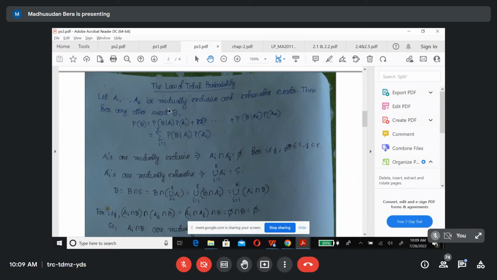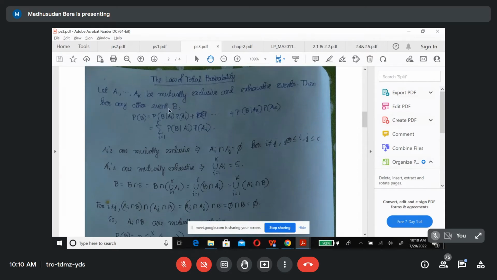So if you know the probability of each of these events A1, A2, AK, and if you know P of B given Ai, then P of B can be obtained by this formula. In fact, P of B given Ai will be given in the question. P of B given Ai means the conditional probability of B given Ai. We will solve one question, then it will be clear.